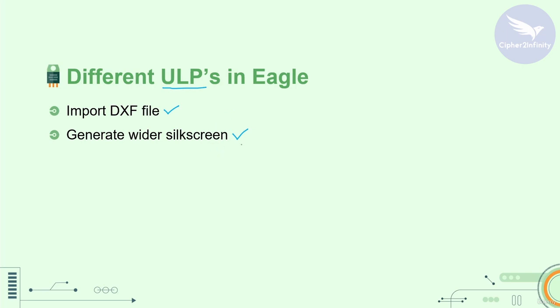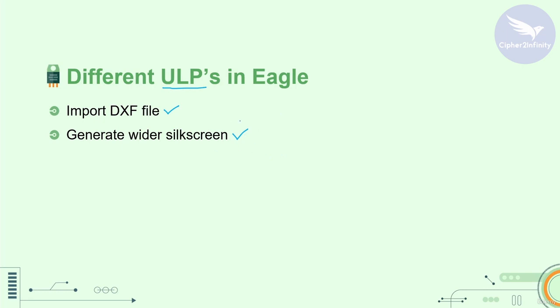Sometimes we send the PCB for manufacturing to a local manufacturer, and these local manufacturers might not have a good capability to print the silk screen or the designators on the PCB. Now, if you generated a file which includes very thin designators or very thin silk screens, then because of that, the silk screen will not be printed properly on the PCB.